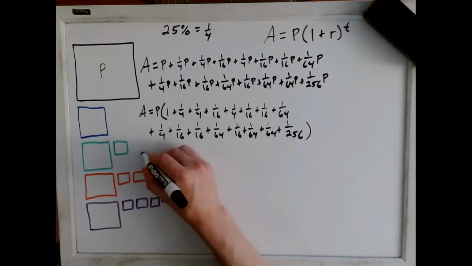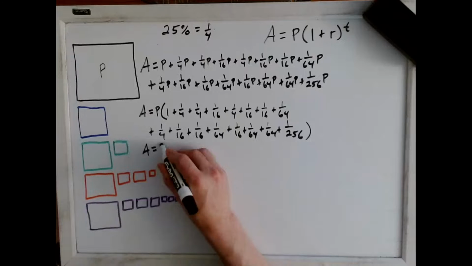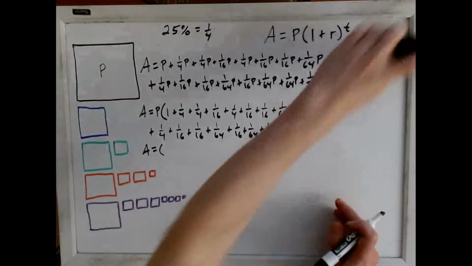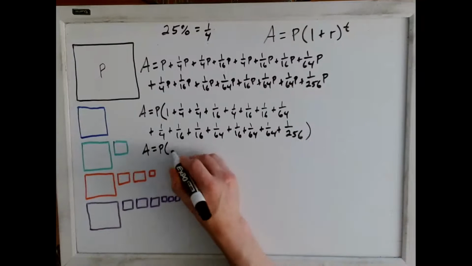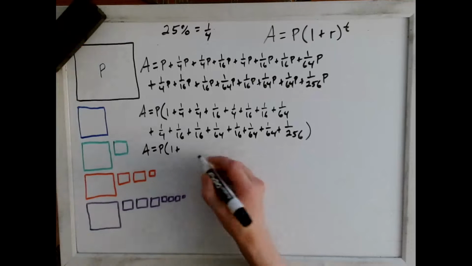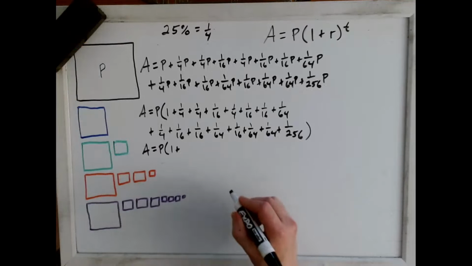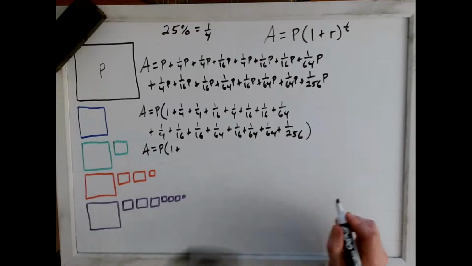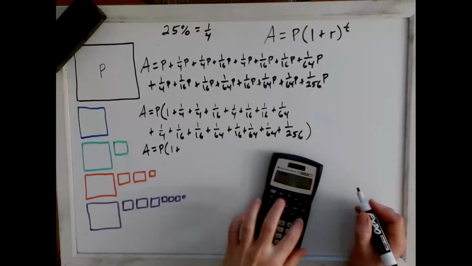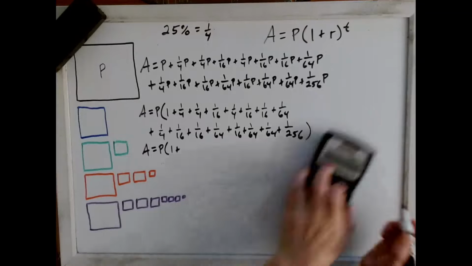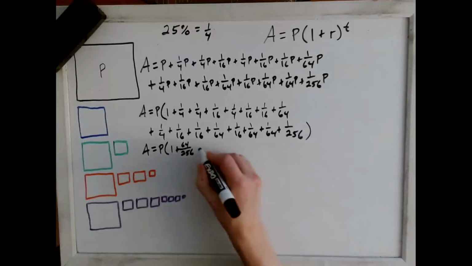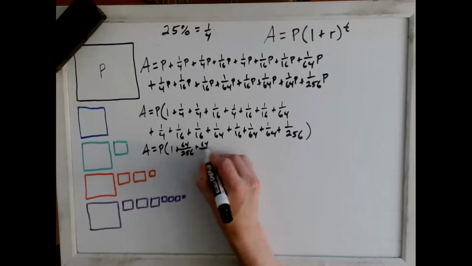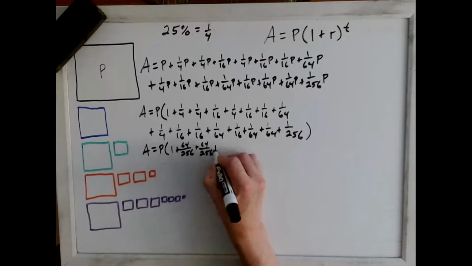This equals P times 1 plus, and then 1/4 is 64 over 256. Let's do a little check on that. Yes, good. 64 over 256, and then another 64 over 256.